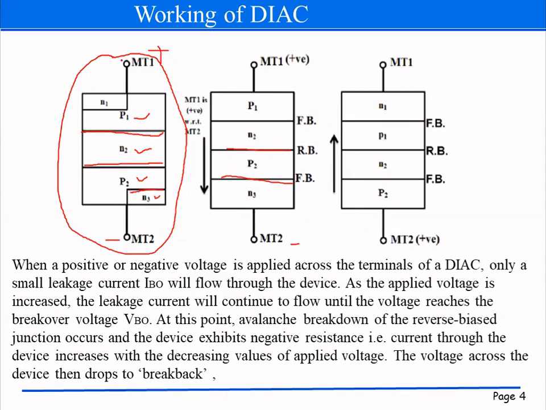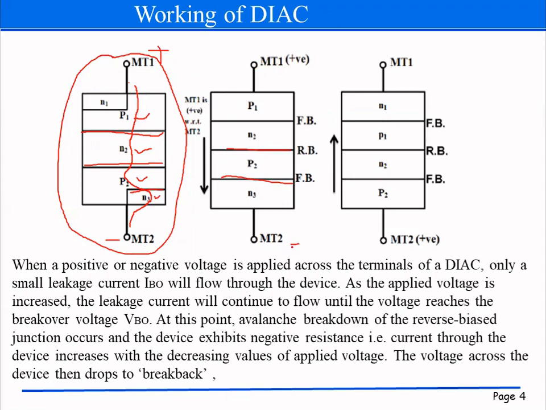Current enters the MT1 terminal. At that time N1 does not take part in the current conduction. The charge carriers move through P1, N2, P2, and N3 towards MT2.